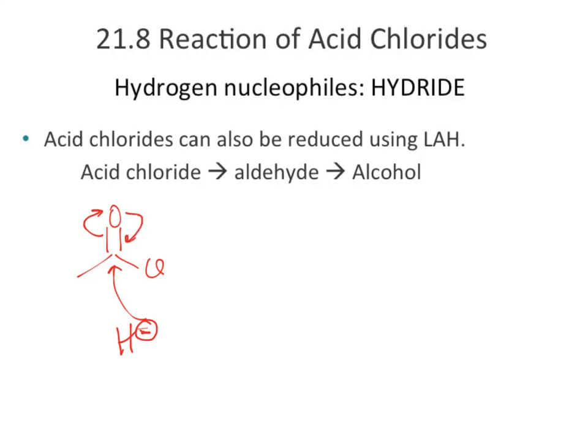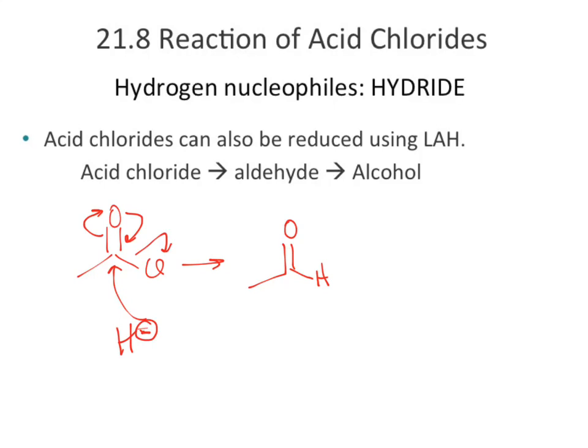Reform the pi bond, and the Cl leaves. So the result takes us to the aldehyde. What's the issue with the aldehyde? Okay, we still have that carbonyl carbon. Lithium aluminum hydride was wicked reactive. What happens when it sees the aldehyde?